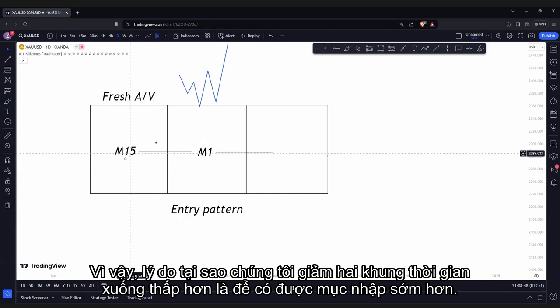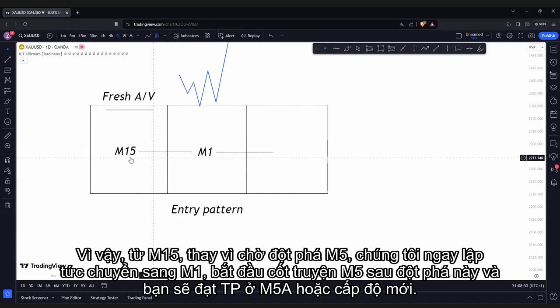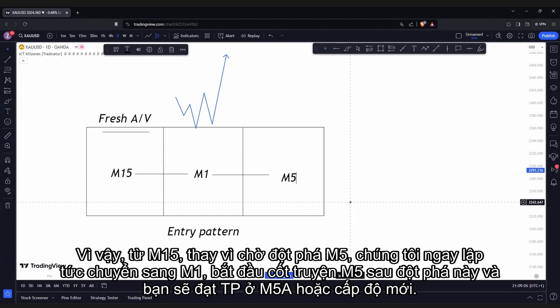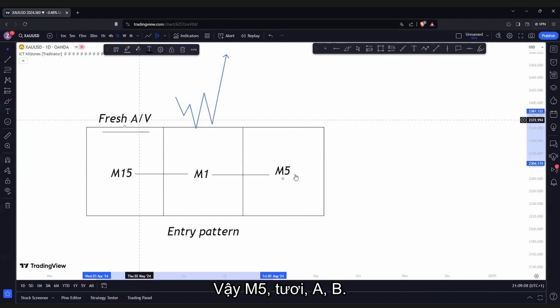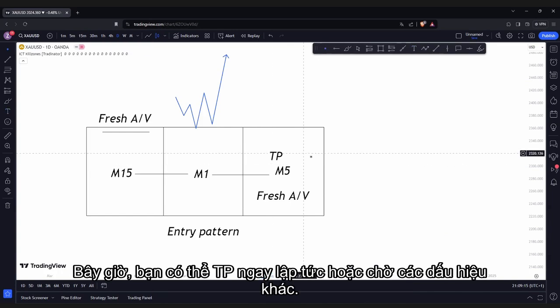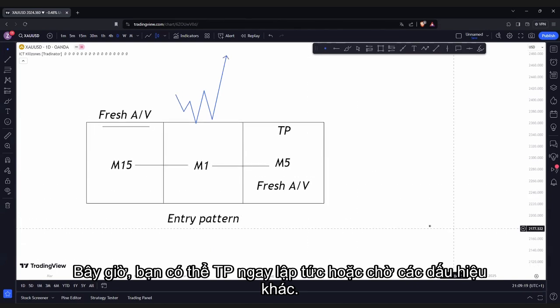So the reason why we dropped 2 time frames lower is to get an earlier entry. So from M15, instead of waiting for M5 breakout, we instantly went to the M1, starting an M5 storyline after this breakout, and you're going to TP at M5 fresh level. Okay, so you're going to TP here. Now, you can instantly TP or wait for other signs.